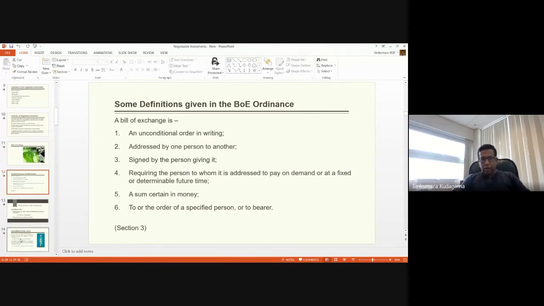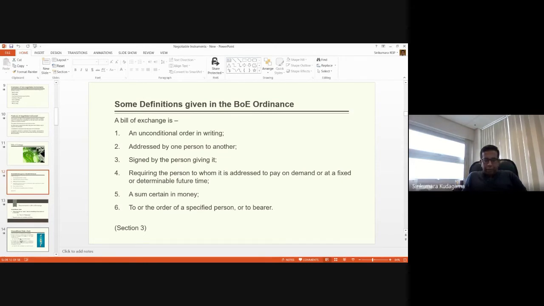An unconditional order in writing. That's the first part. Addressed by one person to another, signed by the person giving it, requiring the person to whom it is addressed to pay on demand or at a fixed or determinable future time a sum certain in money to, or to the order of a specified person, or to bearer.